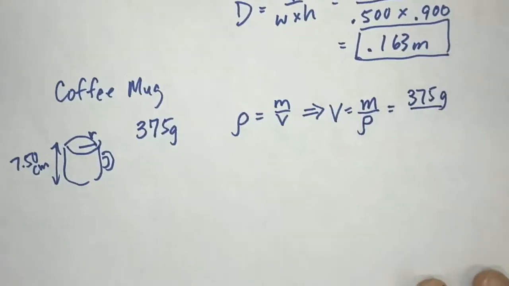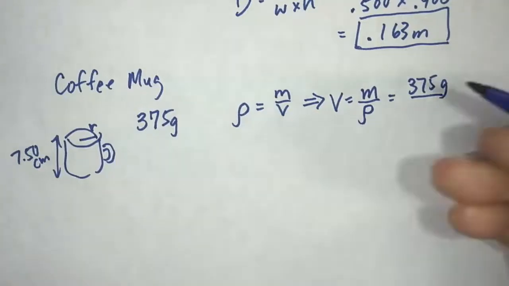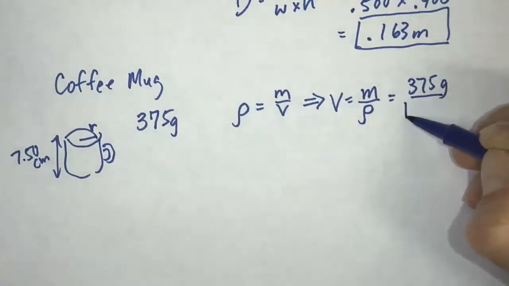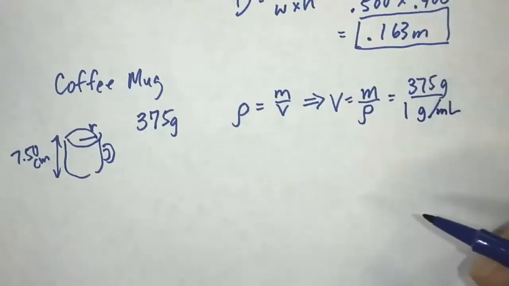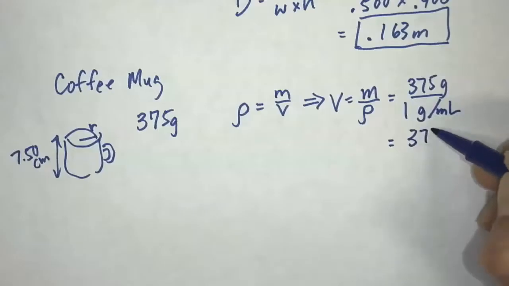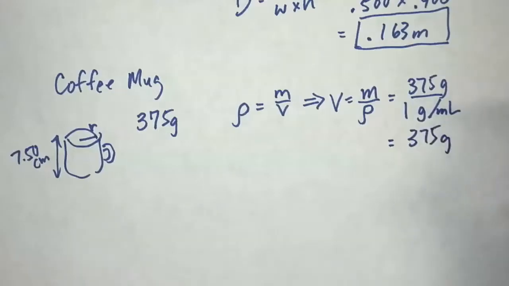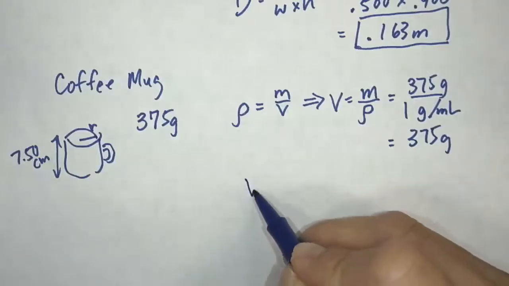The density, we're going to assume that it has the same density of water. Okay, just keep it simple, or you can imagine we're pouring water in there. So it's going to be 1 gram per milliliter, and we get 375 grams.